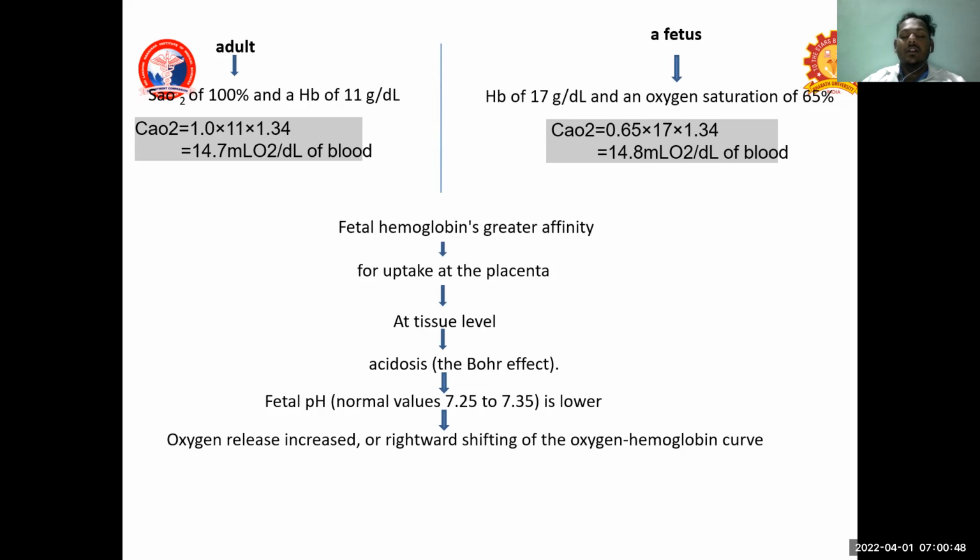At tissue level, acidosis happens. Here comes the Bohr effect, because of the fetal pH. The normal value is around 7.25 to 7.35, which is lower. Hence, there is a release of oxygen from the hemoglobin, and there occurs the rightward shift of the oxygen hemoglobin curve.